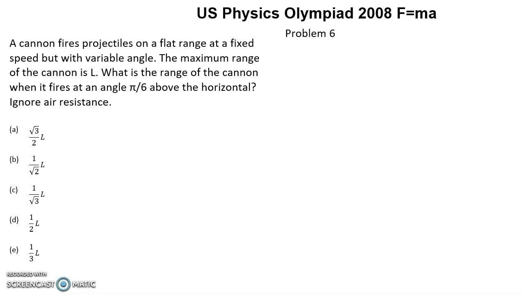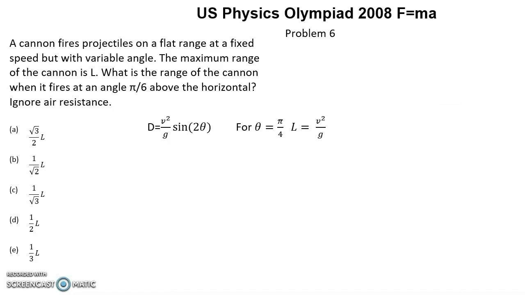Solution. We know that the range for the cannon is d equal v square over g multiplied by sine of double angle theta. Maximum range we have when theta equals pi/4, so it means that sine equals 1.